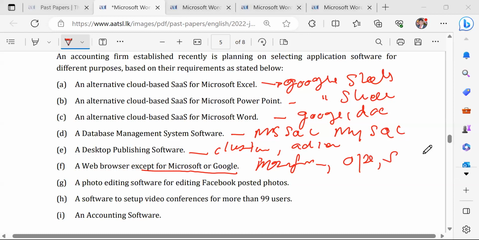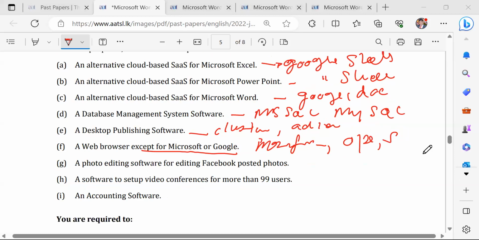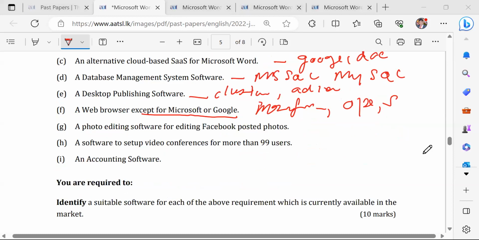Yes, Safari. These are non-Microsoft, non-Google platforms. Any web browser that is not a product of Microsoft or Google, then you will get marks.